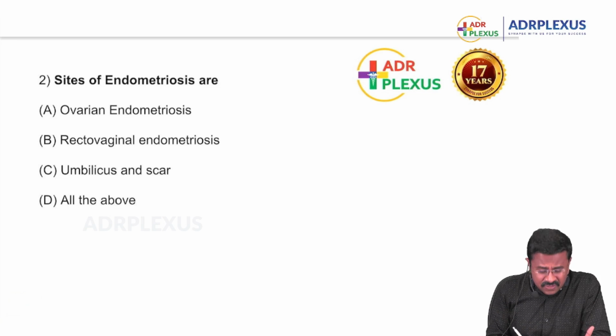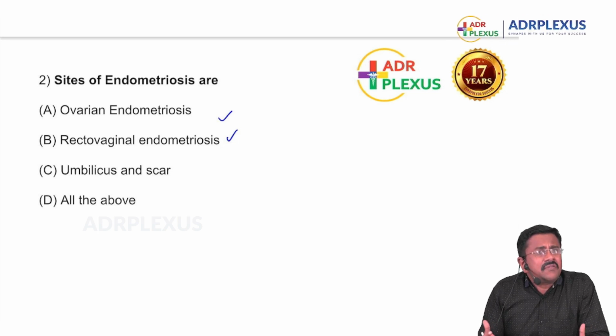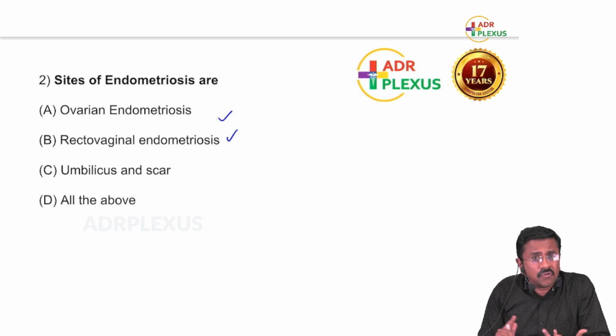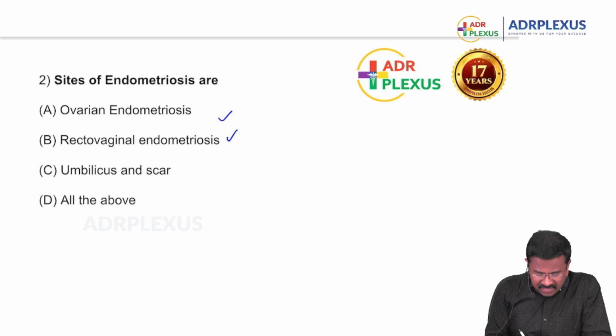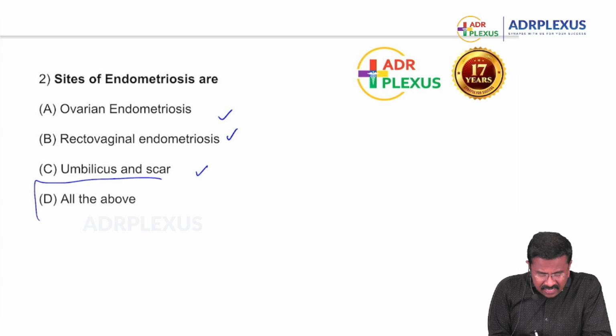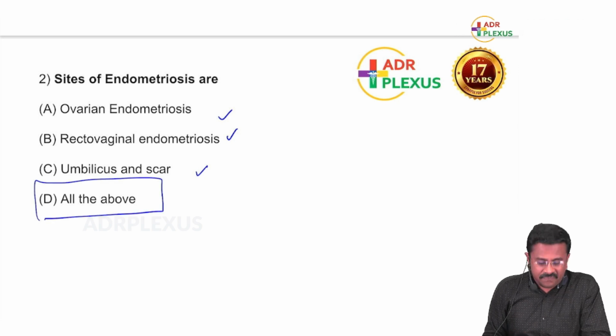Rectovaginal endometriosis, as in the pouch of Douglas, can also occur. And scar endometriosis is a common entity we can encounter in clinical practice. So the sites of endometriosis include ovary, rectovaginal, umbilicus and scar, making the fourth option, all of the above, the correct one.